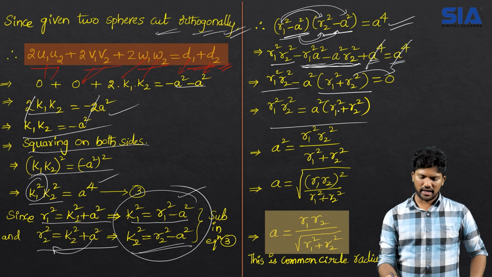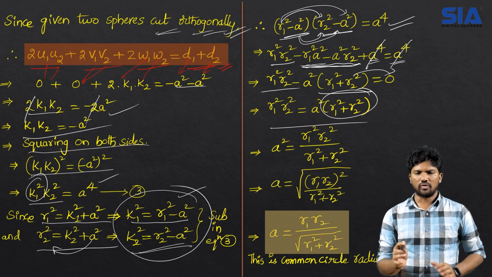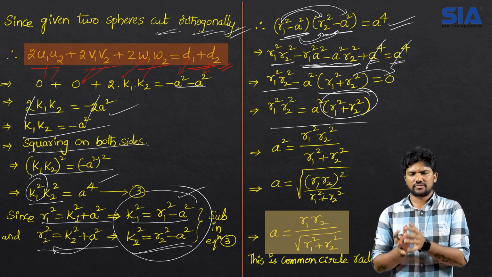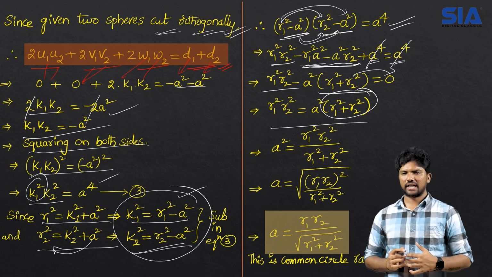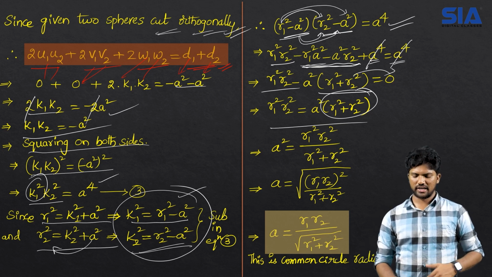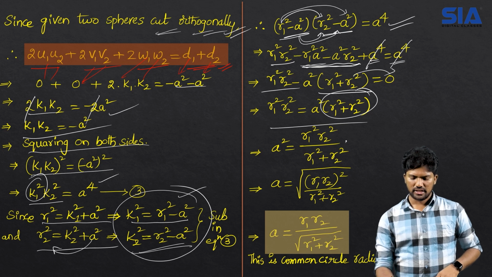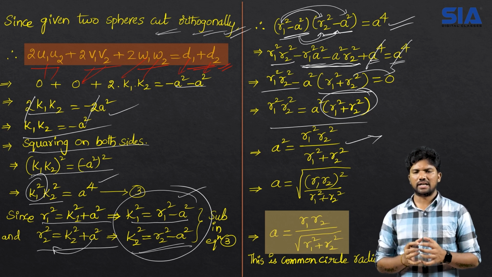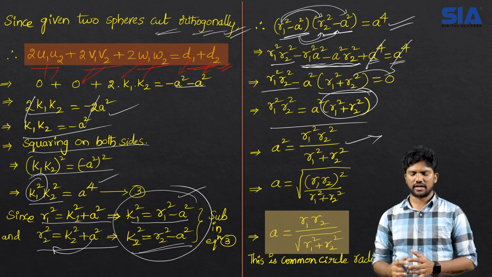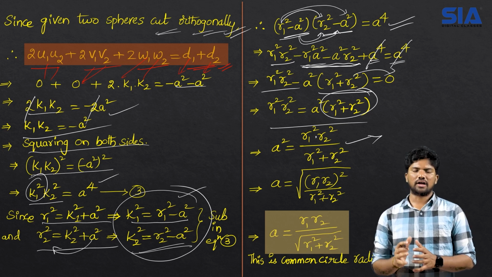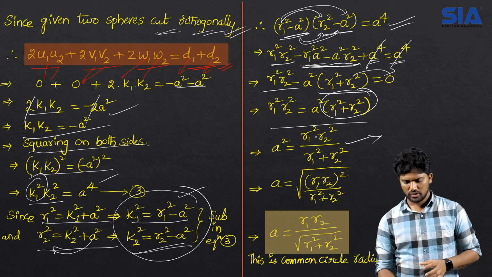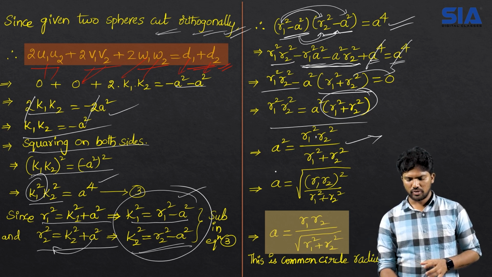In the RHS we want the a square value, because from that a square we can derive the radius of the common circle, small a. So send that factor to the LHS: a square is equal to r1 square r2 square divided by r1 square plus r2 square. So apply square root on both sides.